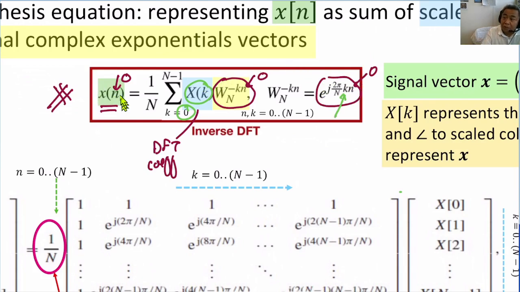Just to calculate one element of x[n], we have to do N multiplications, and of course we have to repeat for n equal to 0 to N minus 1 for N elements, and that's why this analysis takes N squared operations.